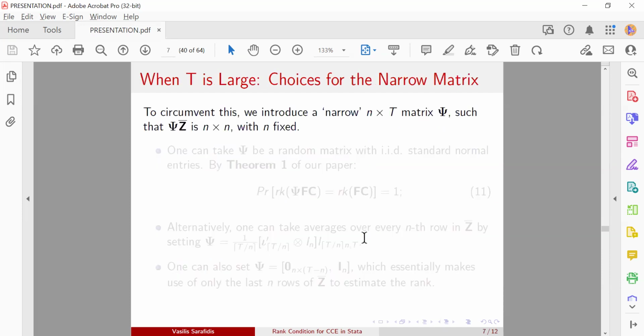So to circumvent this issue, we introduce a so-called narrow n by t matrix psi, such that the product between psi and Z bar is n by n, and n is fixed. In the most basic example, n is simply equal to k plus 1.